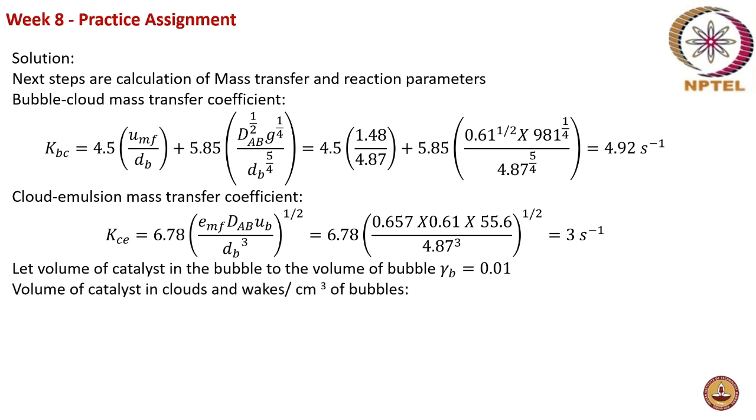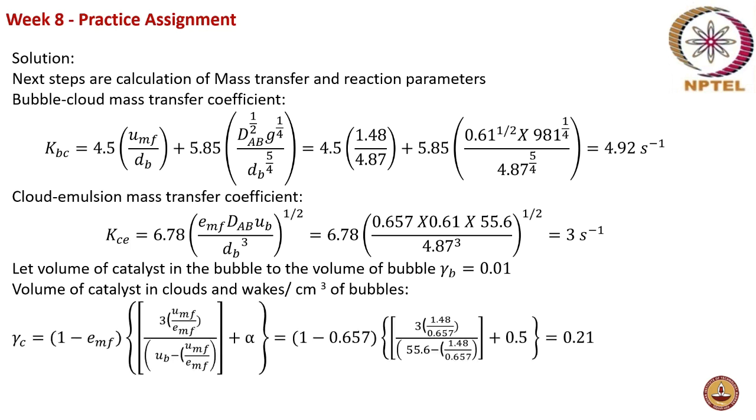Now, the volume of catalyst in the clouds and wakes per centimeter cube of bubbles is gamma c, which is given by the expression (1 minus epsilon mf) multiplied by 3 into minimum fluidization velocity divided by porosity at minimum fluidization, divided by (UB minus UMF by epsilon MF) plus alpha. So, substituting all the parameters, you get the volume of catalyst in clouds and wakes per centimeter cube of bubbles to be 0.21.